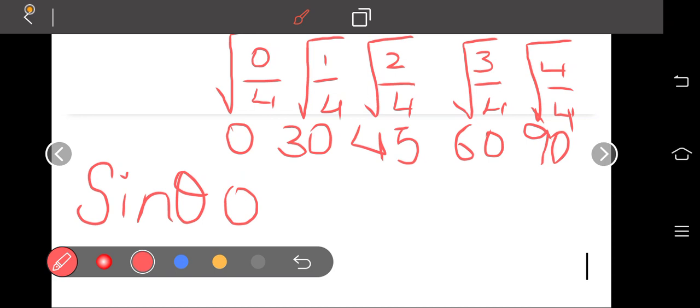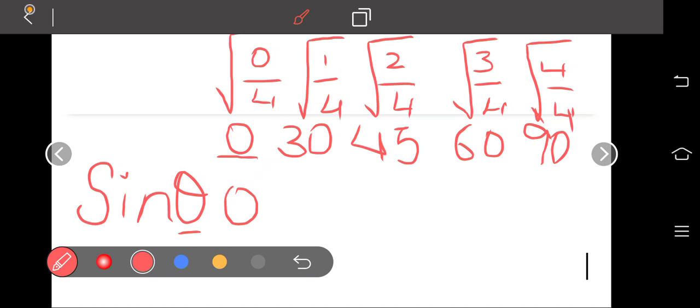You may ask why I didn't write theta. Because in the place of theta you're getting 0 degrees. Next, you'll get 30 degrees, then 45 degrees, then 60, and then 90. So what about 30 degrees? Sine 30, how can you find it?